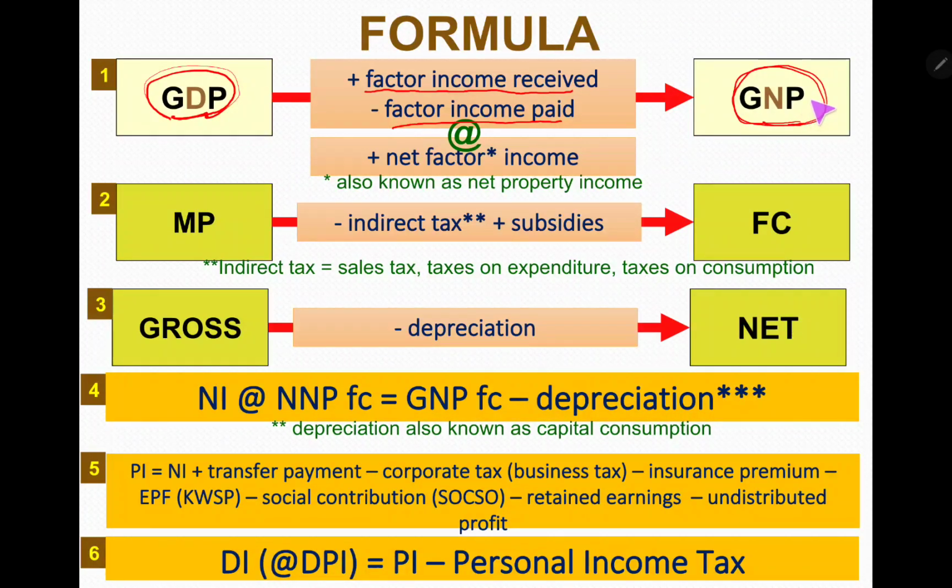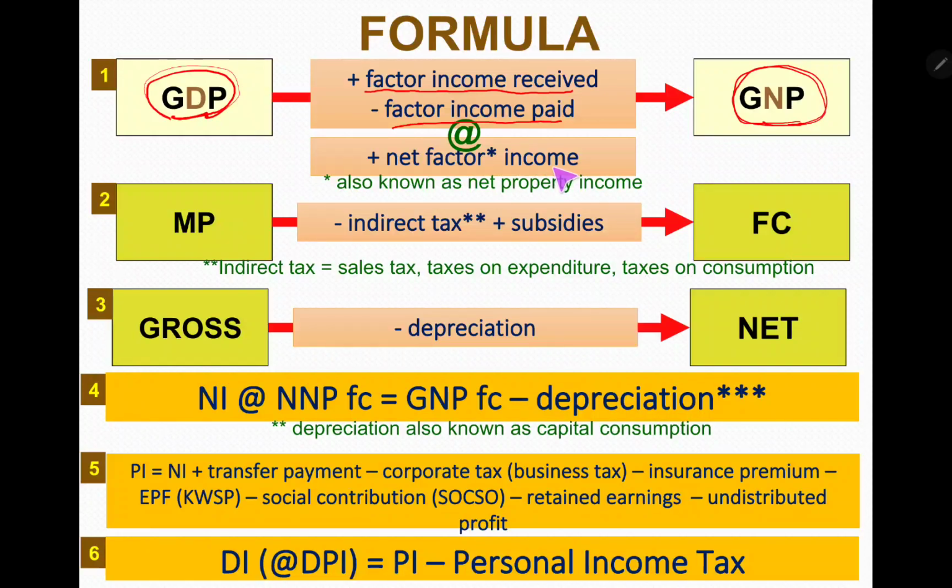Okay, besides that, later you can see in the table, instead of giving you separately two items, FIR, factor income received, and factor income paid, the question also can give you only one item, net factor income.